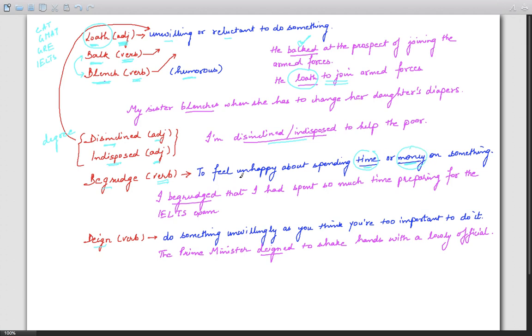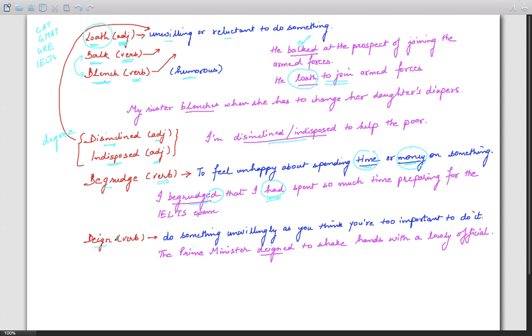For example, I begrudged that I had spent so much time preparing for the IELTS exam. I've used past perfect tense because it's past of past. So when something is past of past, we use past perfect tense.